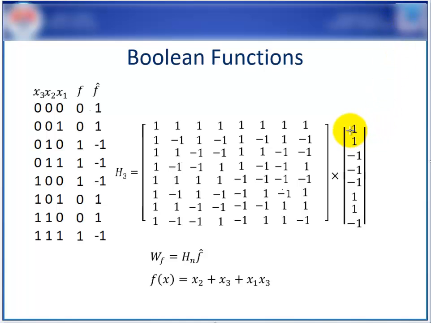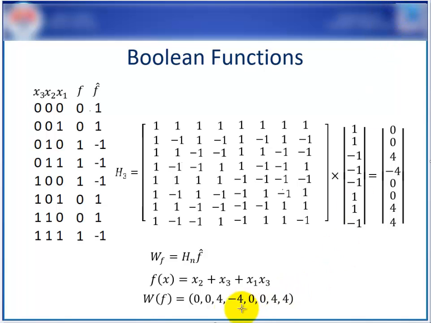So if we calculate 1 by 1 plus 1 multiplied by 1 minus 1 multiplied by 1 and so on, and sum all these values, we are going to end up with this vector, which is our Walsh-Hadamard transform. As we can see, the values of the Walsh-Hadamard transform are either zeros or real numbers, and these numbers can be both negative and positive.